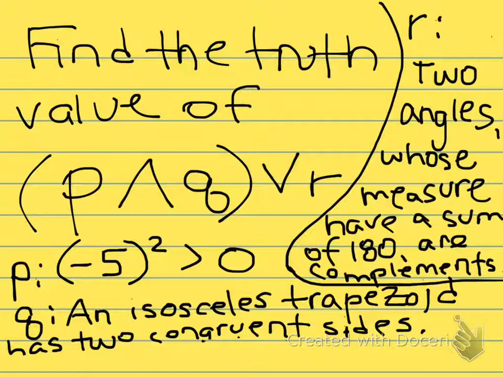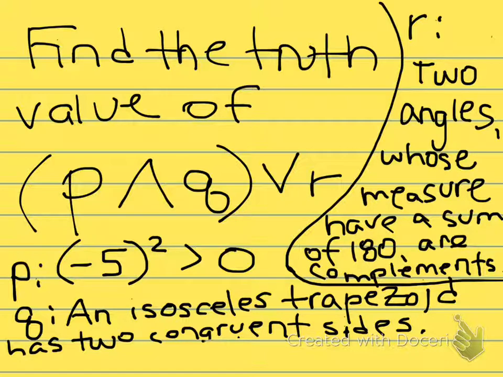So first we need to figure out separately whether these are true or false. For the statement P, -5 squared is going to be positive 25. That is always going to be greater than 0, so we're going to say that that's true. Q, an isosceles trapezoid has 2 congruent sides.